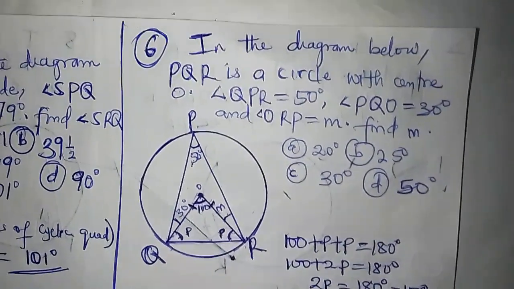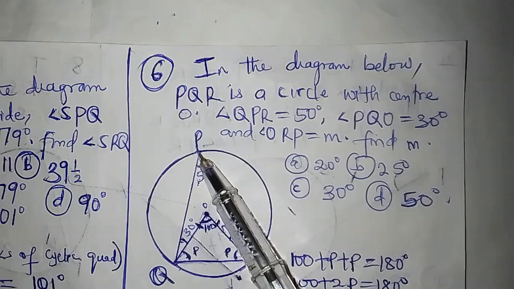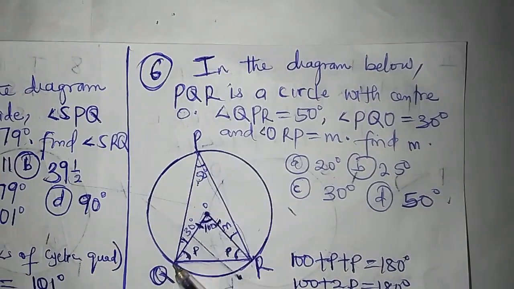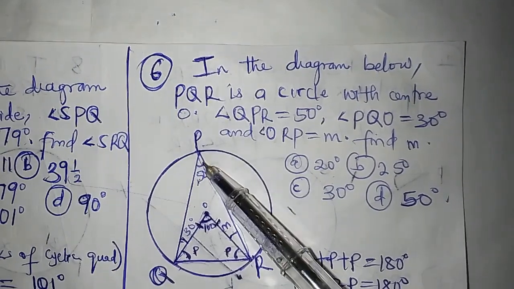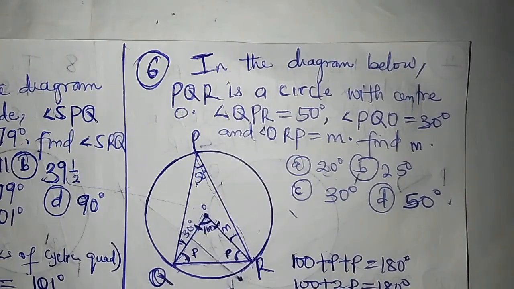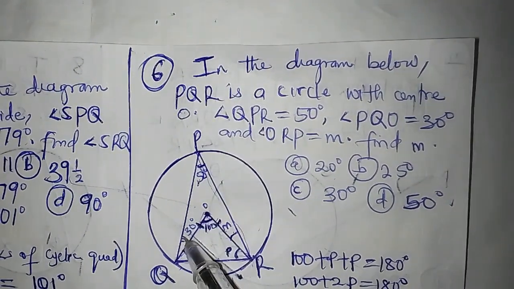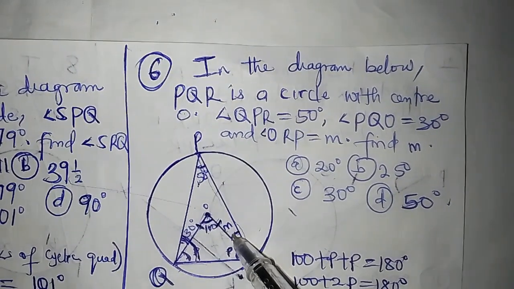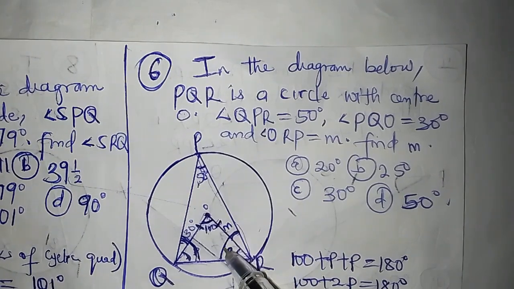Now check this out. We have gotten the values for P, but you can see that this is a triangle itself, triangle PQRO, everything here. So the sum of angles in the triangle will sum up to 180. The angles of the triangle, it will now be 50 degrees, 30 plus P degrees, then M plus P. I just hope you are understanding what I'm doing.